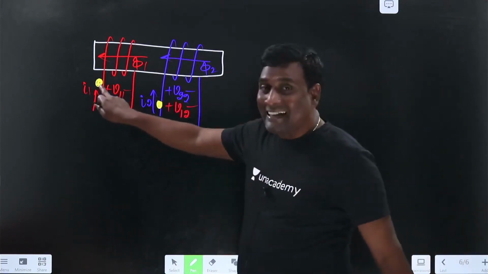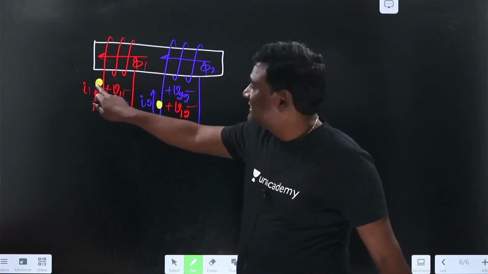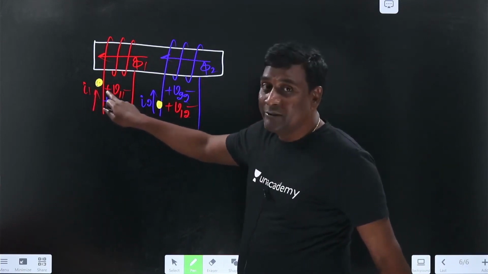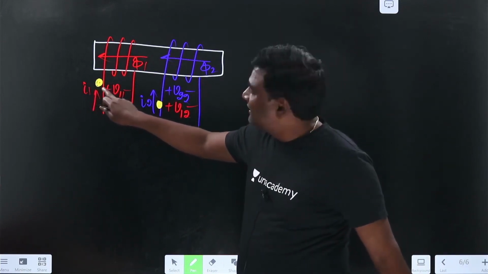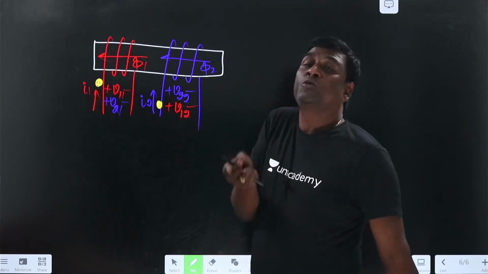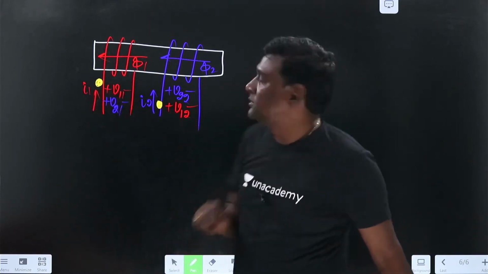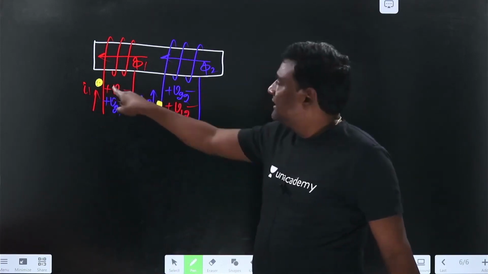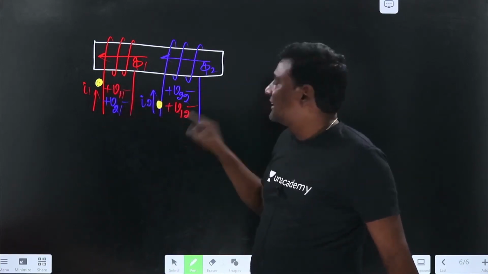Whenever current is entering here, the self-induced voltage will give you positive here. And whenever the current is here, which terminal of the mutual induced voltage is going to be positive? It is going to be here. If you take red here, you have to take red here.